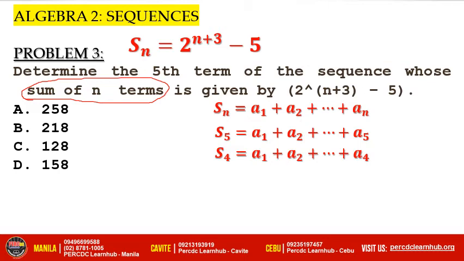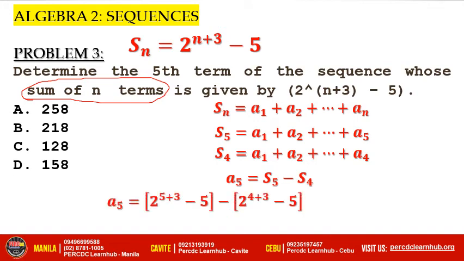Therefore, yung sum of first 4 terms ay A1 plus A2 plus A3 plus A4, in which itong A1 to A4 present sa S5 natin. So, it means, i-cancel natin yon para yung maiwan is A5 na lang. So, para mangyari po yon, A5 equals to S5 minus S4 para makuha po talaga natin yung fifth term.